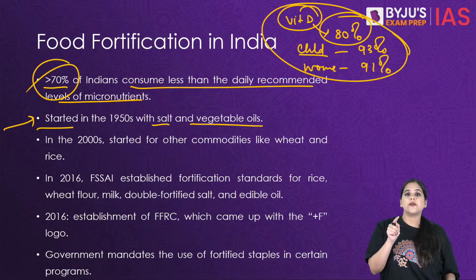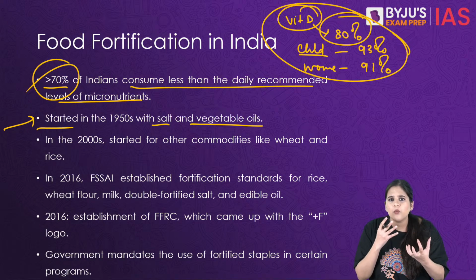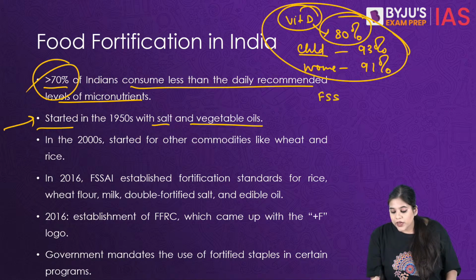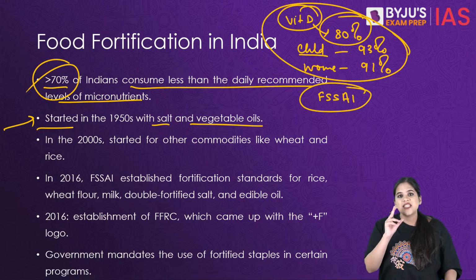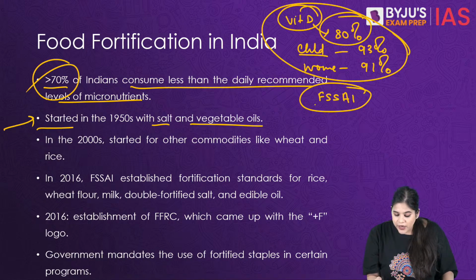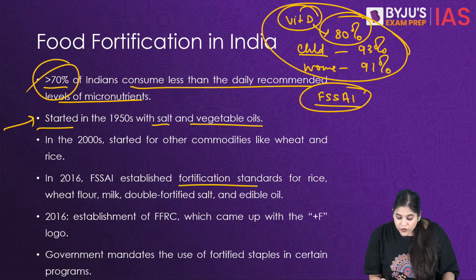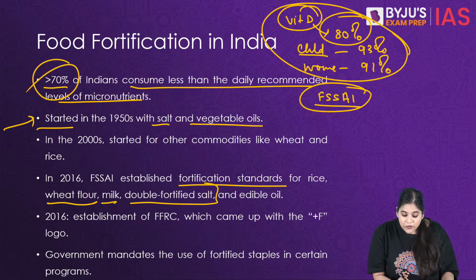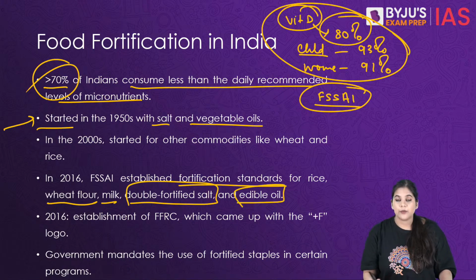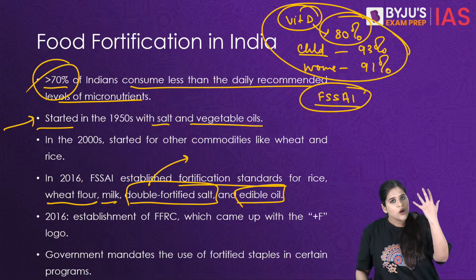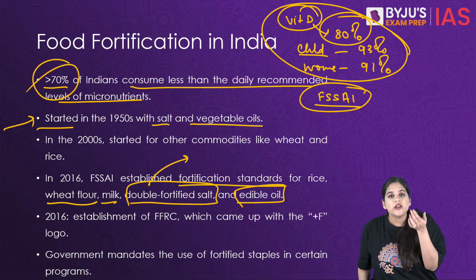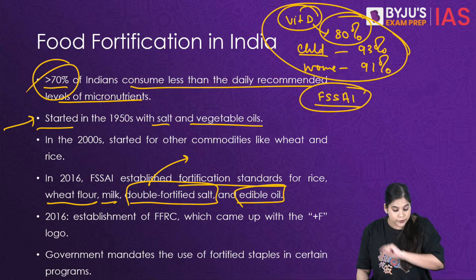In 2016, because these other food products were also being fortified now, FSSAI, the Food Safety and Standards Authority of India, the food regulator of India, came up with food fortification standards for rice, wheat, milk, double fortified salt and edible oil. Okay, so it came up with these rules. Double fortified salt is what? It is fortified with iodine and iron.